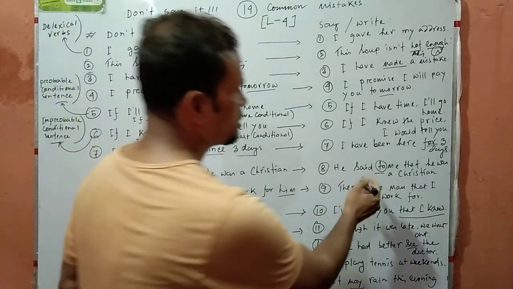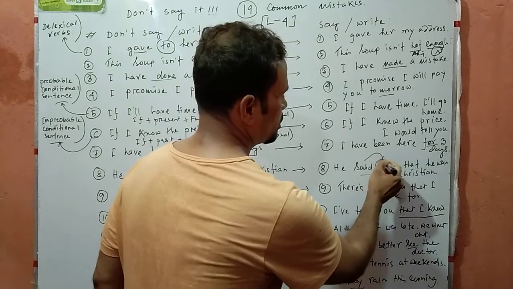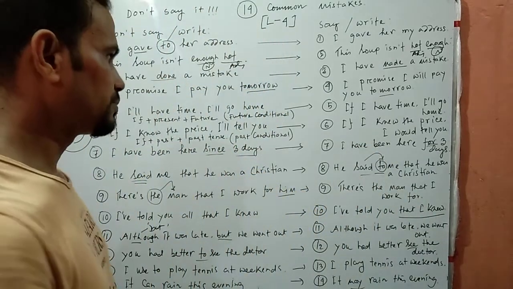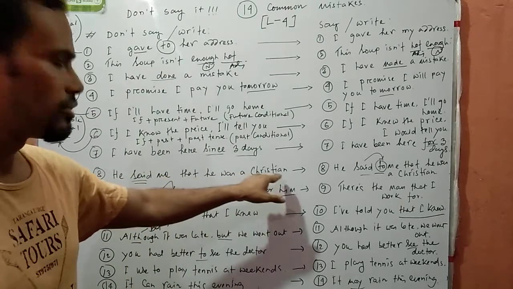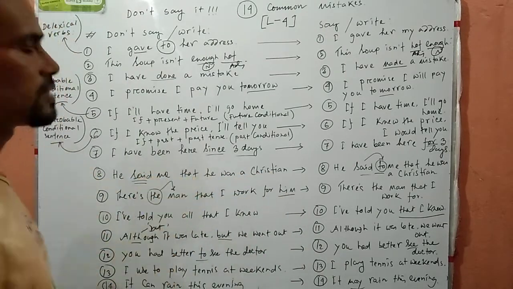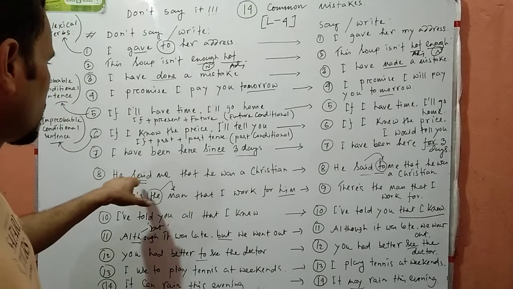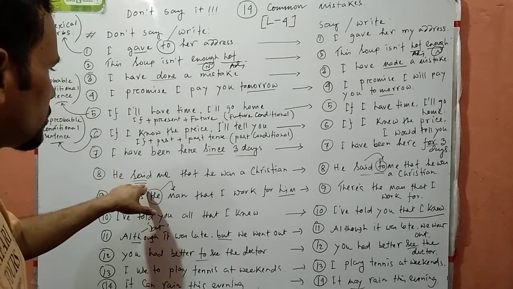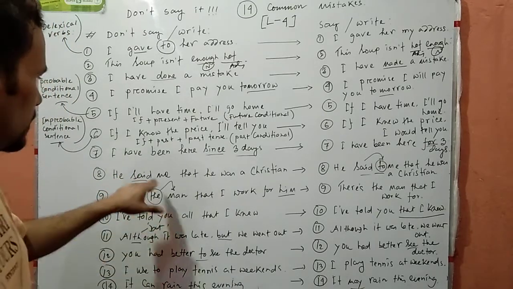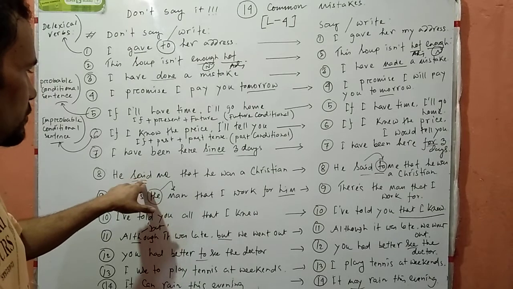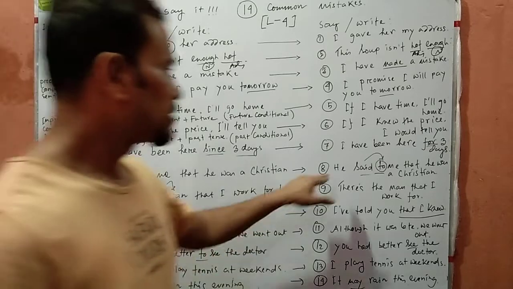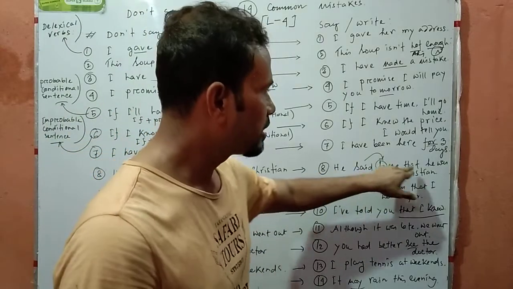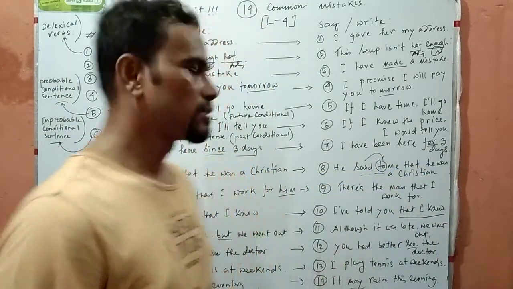Said here is an irregular verb, that's why we use to here. So he said me that he was a Christian, this sentence is not correct because said is an irregular verb, and you can't see any to after the verb said. So the correct sentence is, he said to me that he was a Christian.